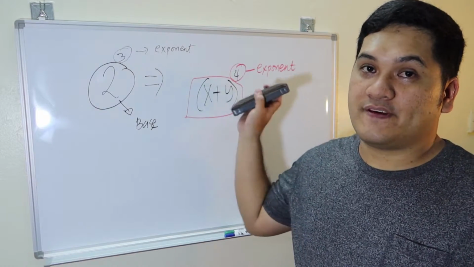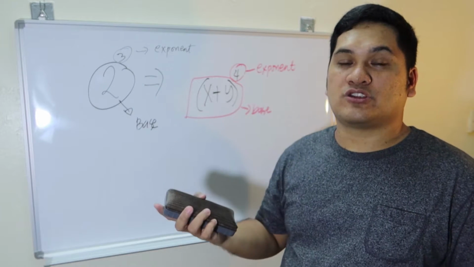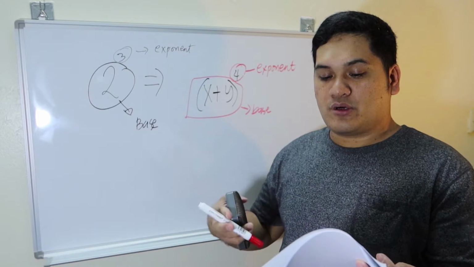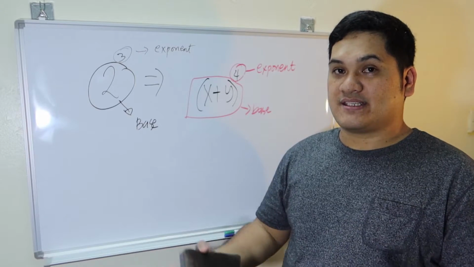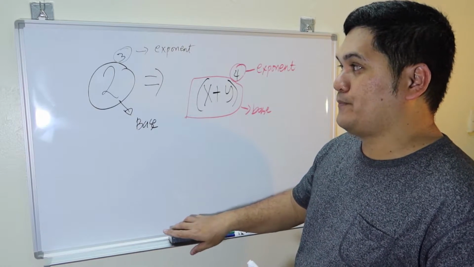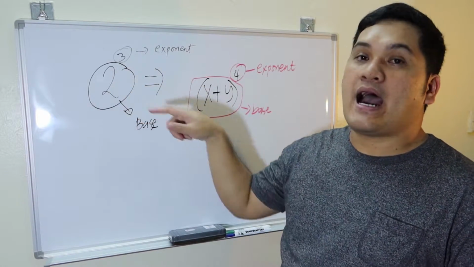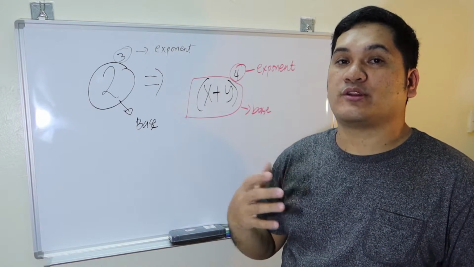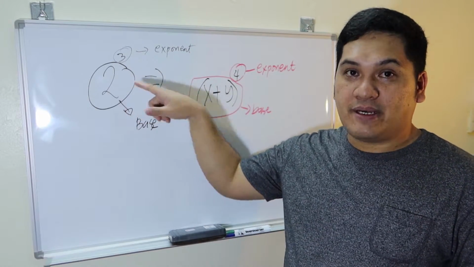So let us remember this part, kasi di ba ang definition ng exponent is it refers to the number of times the number is multiplied by itself. Kasi ang exponent will tell your base how many times you are going to multiply the base by itself.